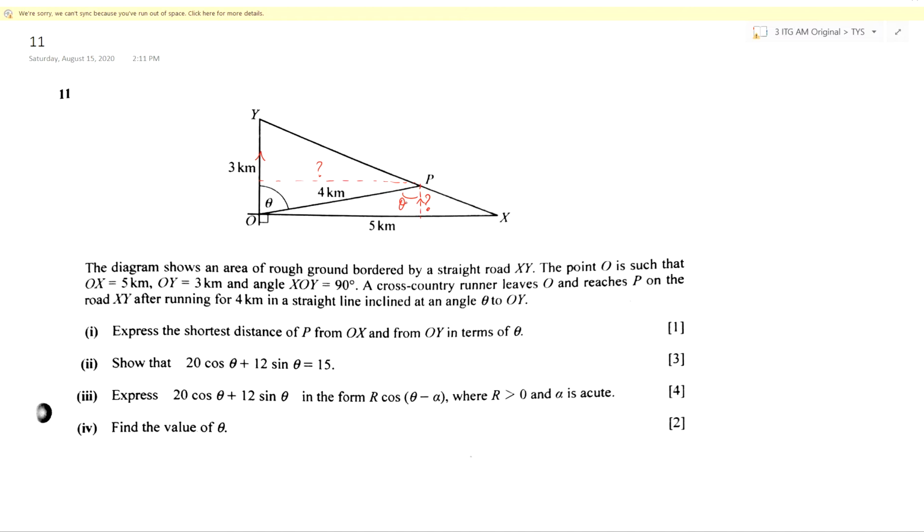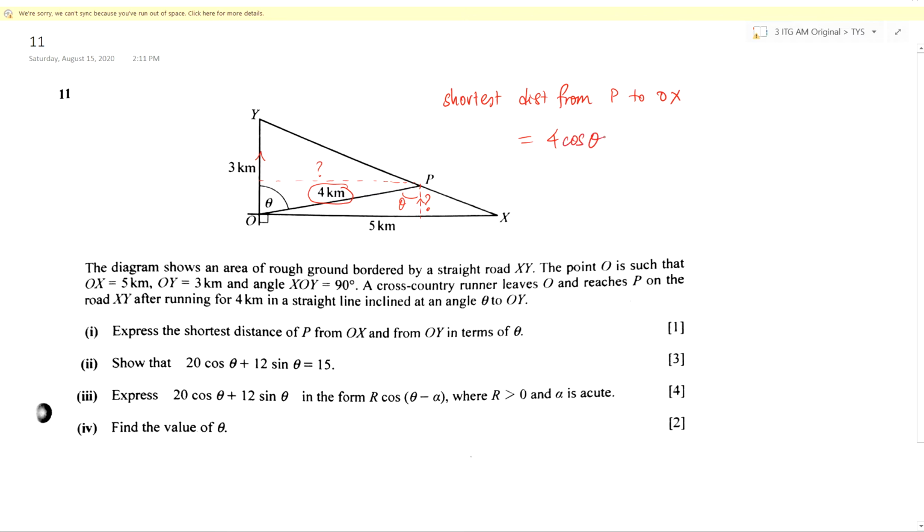So because we know that this is 4 kilometers and we have an angle theta over here, the shortest distance from P to OX is equal to the hypotenuse, and since this is theta, we're going to be using cosine of theta.